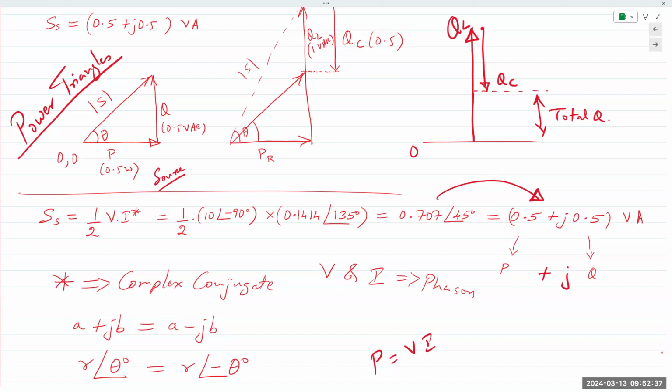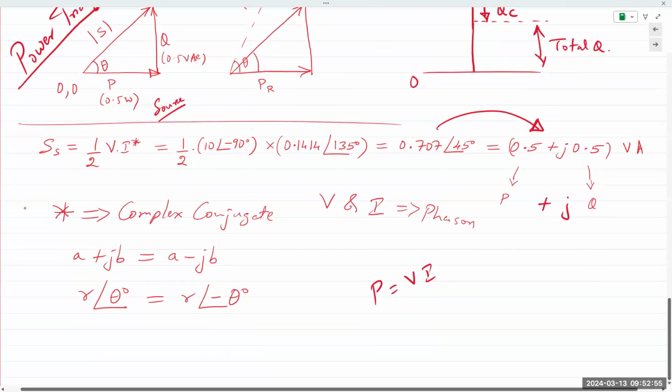So we can use multiple equations, multiple approaches, and yet arrive at the exact same answer. Okay, we found the total complex power for the source in 3 different ways. So again, here, showing you what the complex conjugate does.